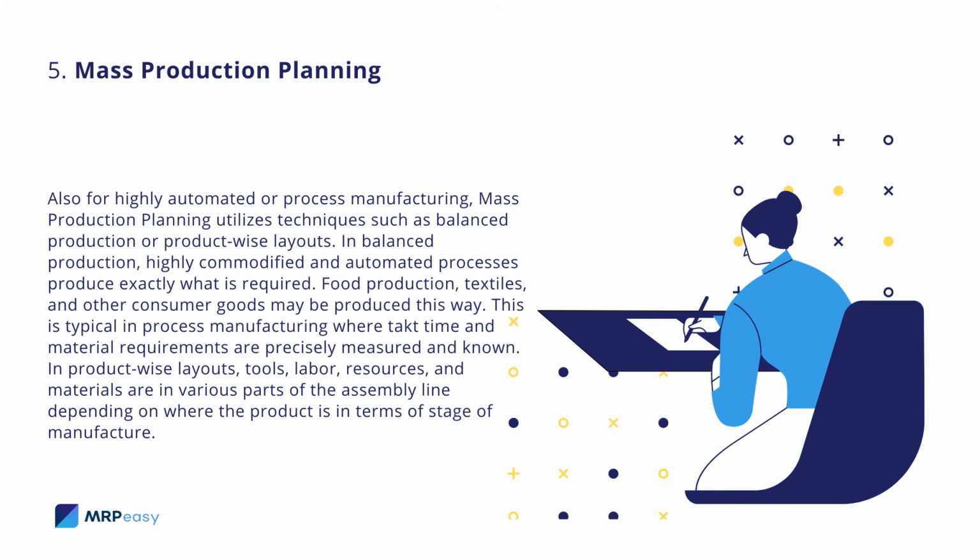Food production, textiles, and other consumer goods may be produced this way. This is typical in process manufacturing, where time and material requirements are precisely measured and known. In product-wise layouts, tools, labor, resources, and materials are in various parts of the assembly line, depending on where the product is in terms of stage of manufacture.